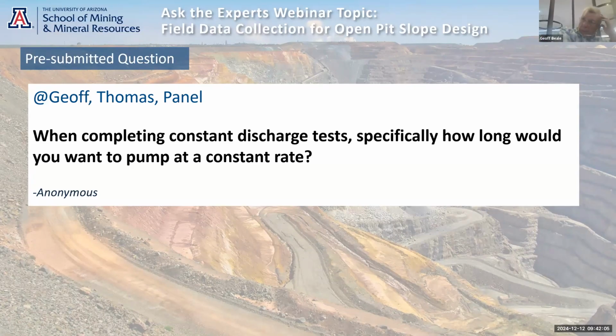Yeah, if you're doing early stage tests, that's good. But if you've got a project and you know you've got to dewater it, the longer you can do the tests, the better. And if you're in an active operation, just roll the tests into production if you can.